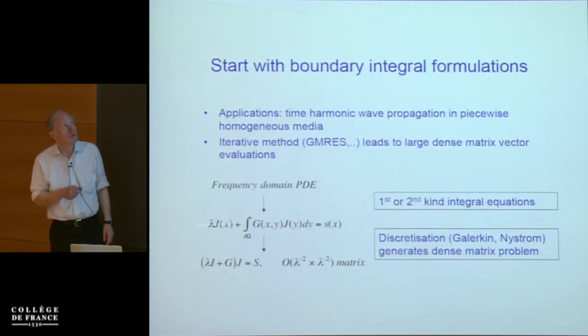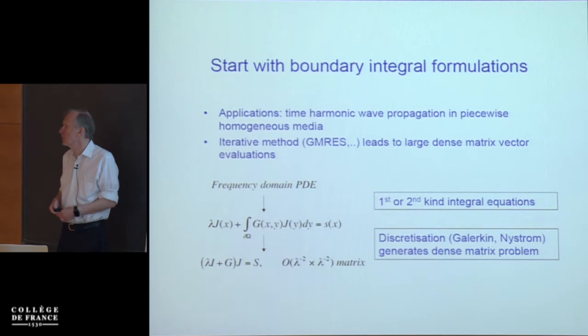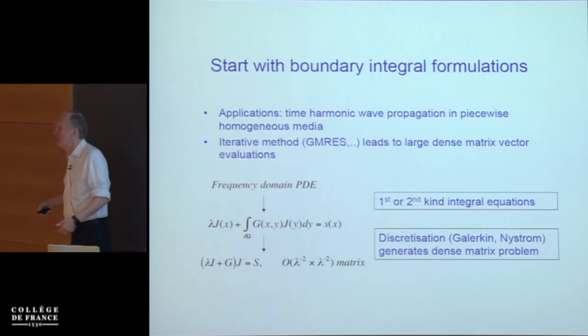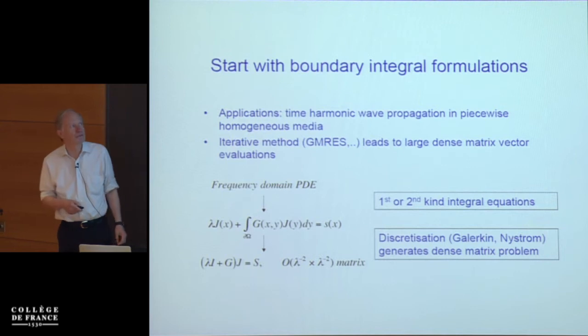We'll start off here thinking about the frequency domain. We get a problem where the Green's function is multiplying the unknown, the potential that we are looking for, and the choice of formulation could be either first or second kind. We can think second kind here, which is better conditioned, so we don't need to think about preconditioning.